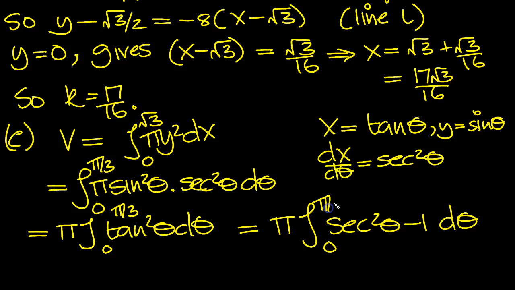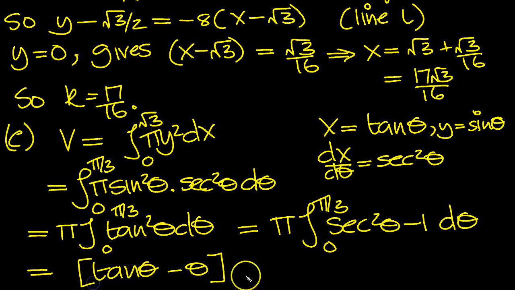The integral of sec squared is tan, and the integral of minus 1 is just minus theta. And we now want to evaluate that between pi over 3 and 0.